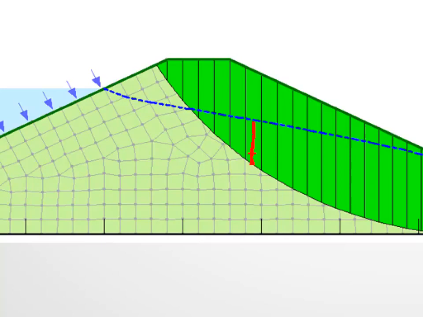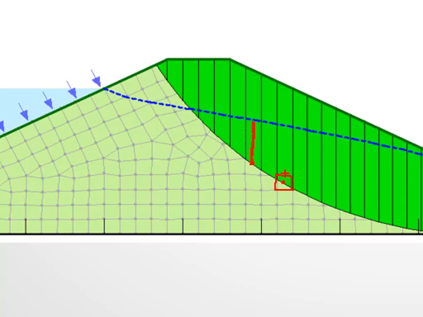In other words, stated in a different way, we do not import the blue line into SLOPE/W and use that to describe the pore water pressure conditions. What SLOPE/W does, it says, here is the base of the slice, and which element is the base of the slice in.